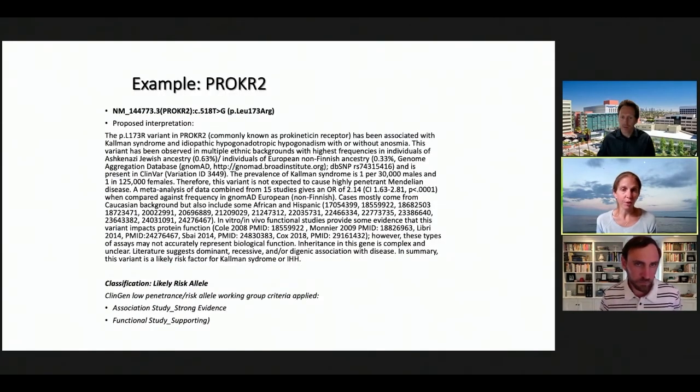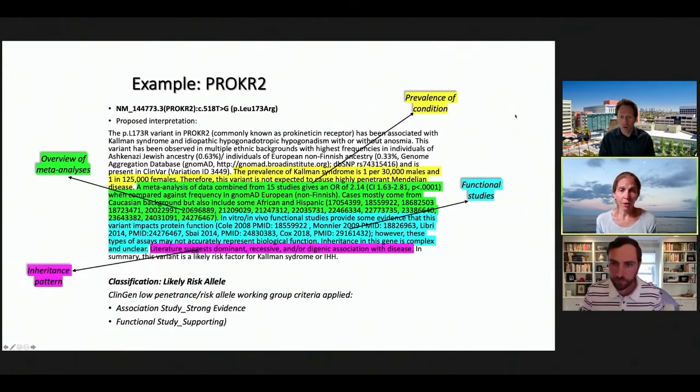And so I'll show you just quickly two variants. There's a lot of text on here, but you don't really need to read it all. It's just to show you what this looks like when you put it into play. So this is a PROKR2 variant that is associated with Kallmann syndrome. And if you can go to the next slide, I've highlighted the areas that we would recommend evaluating in this particular variant, and showing in this text here, we've put in all of the things that we've been looking for.